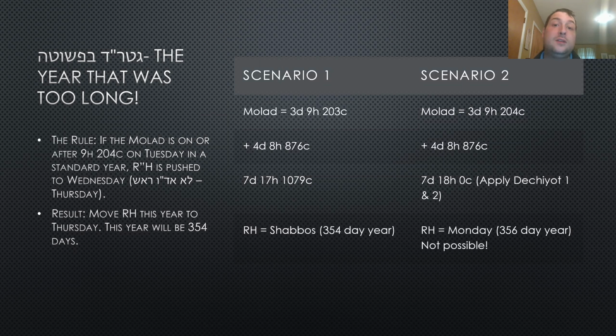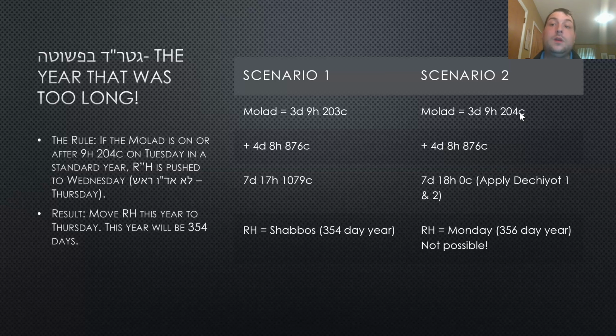And if you do that, you add up to 7 days, 17 hours, and 1,079 chalakim. Now, if you notice, that is right before the previous rule, which is Molad Zaken. So that means that Rosh Hashanah will be on Shabbos, because 7 days, 17 hours, and 1079 chalakim is still good for Shabbos. So therefore, you're going to have a regular year of 354 days.